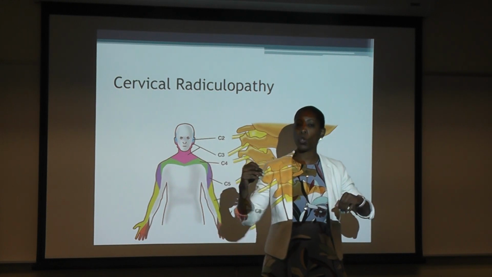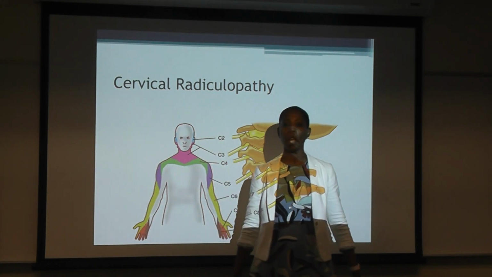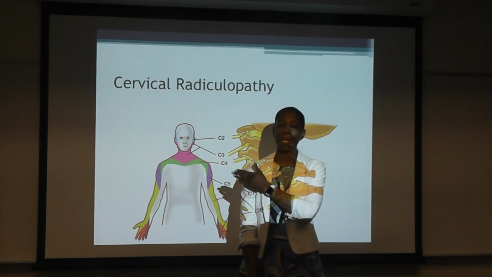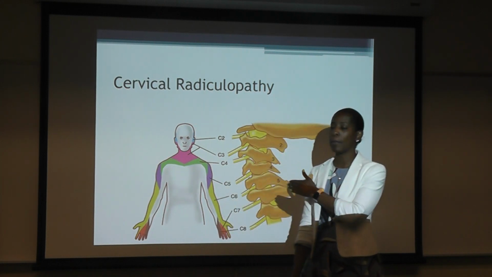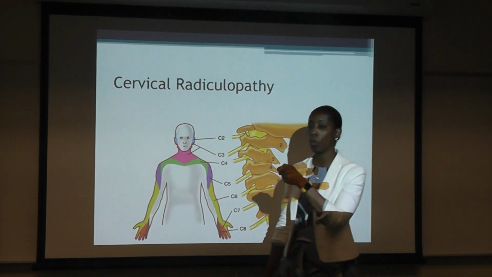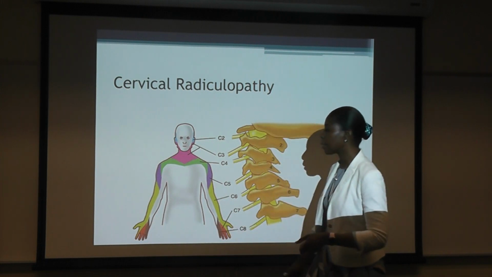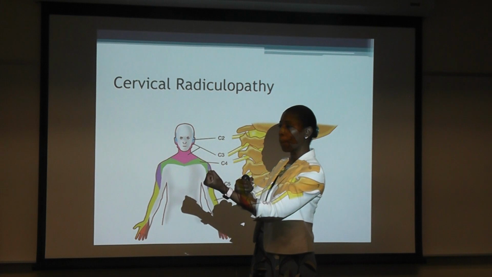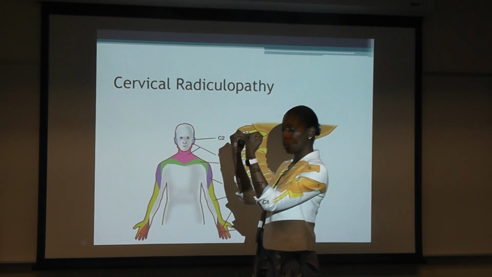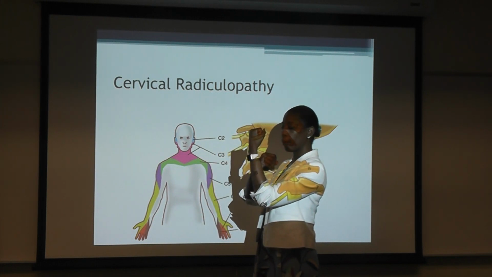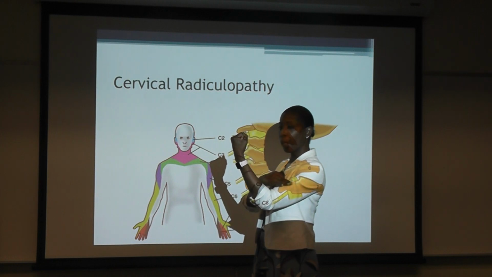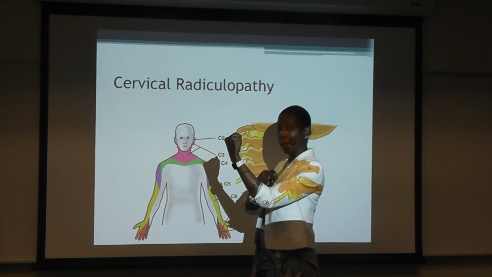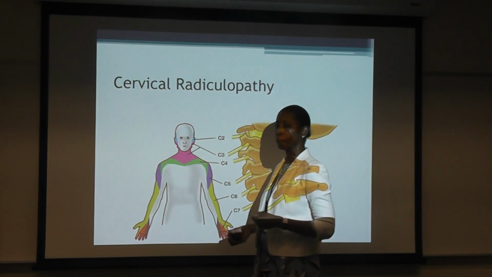If they can't resist you, one side is weaker than the other, that's probably what's implicated by the C5 nerve compression. Now C6, I'm going to hold my arms like this, and then you're going to try and pull it down. So you're going to apply resistance to the patient's arm, have their arm like this, and you apply resistance. If they can resist you, then they have good bicep strength, okay?